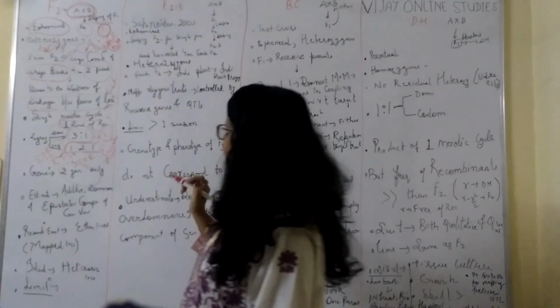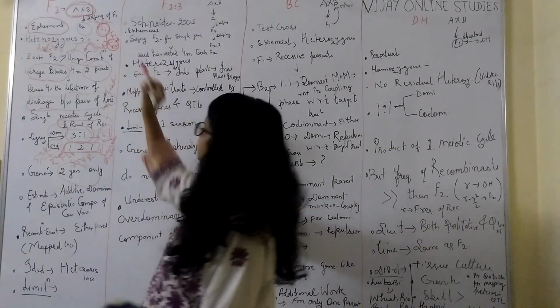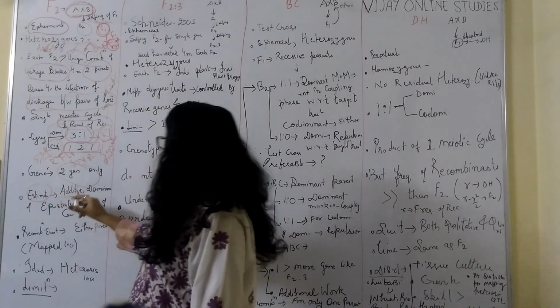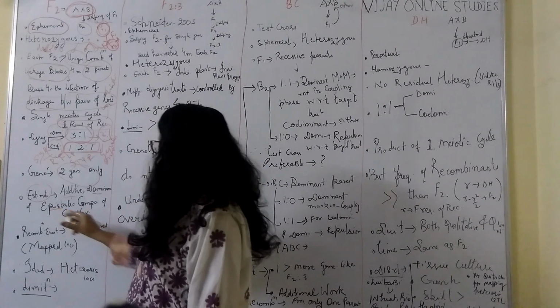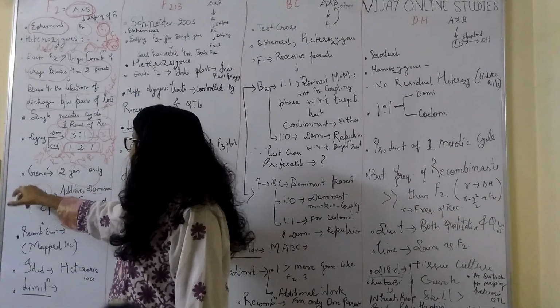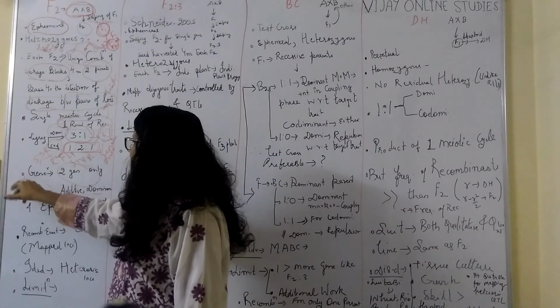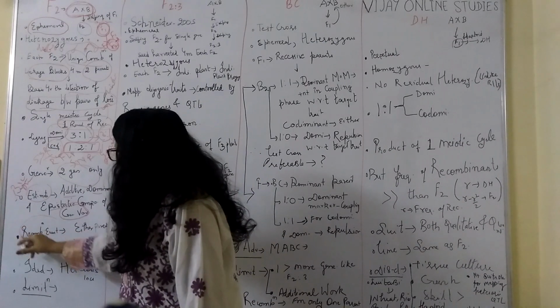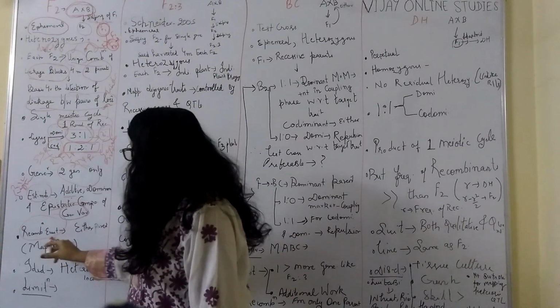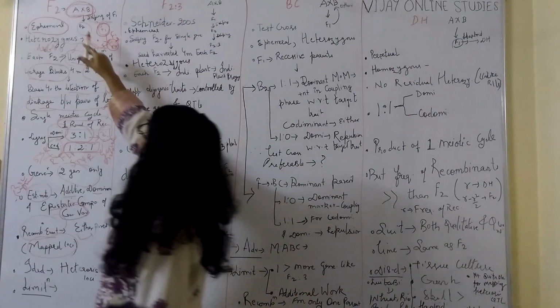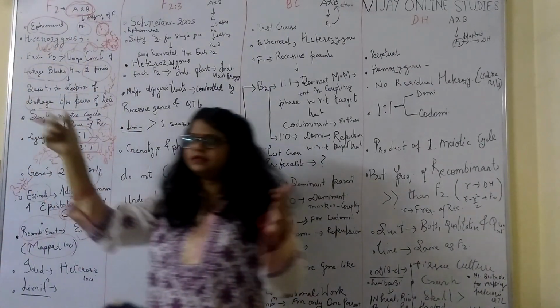And what is the best suitability of this mapping population? It can estimate the additive, dominance and epistatic components of the genetic variance. That is an advantage over other mapping populations like RIL and double haploid. Now, the recombination event, the loci which you map, belongs to either parent, either A or B, because you are getting the F2 now.